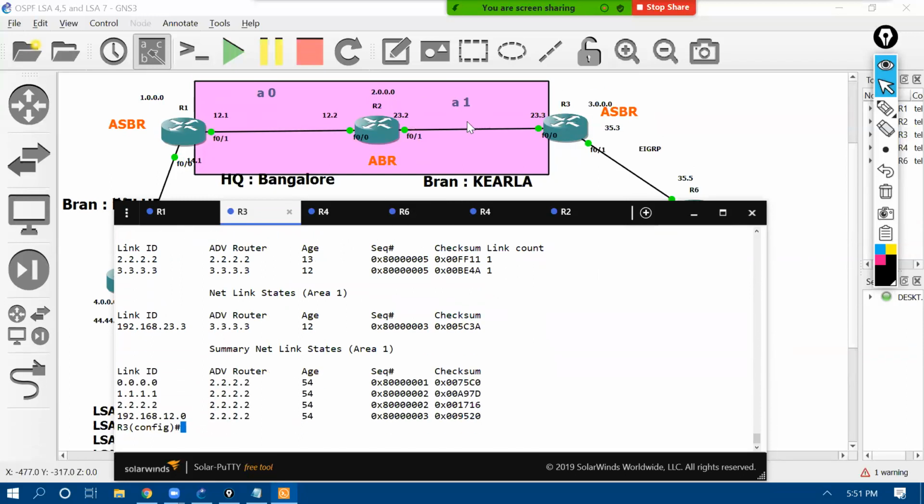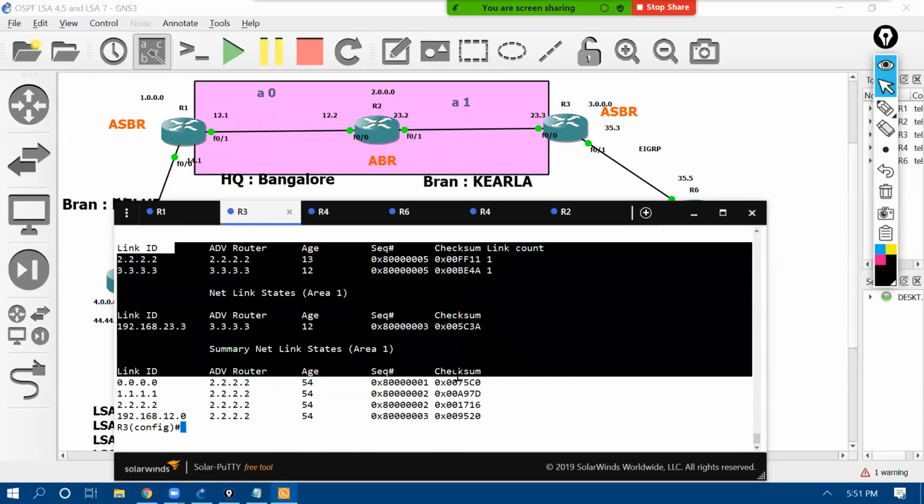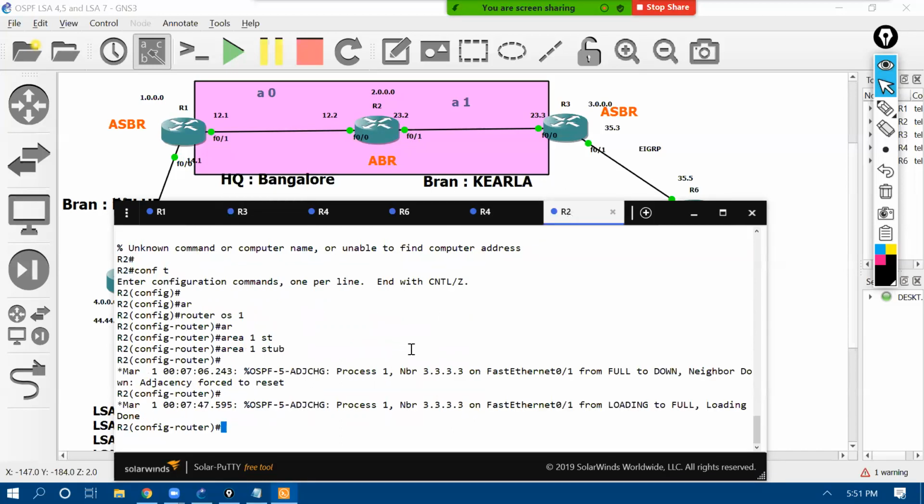Can you see that I don't have the LSA 5 information in my database, not even LSA 4, right? That's the behavior of the stub. And instead of that, I have one default route as an LSA 3 that is generated by whom? R2 router, right? If you go to R2 and have a look at this, do show IP OSPF.